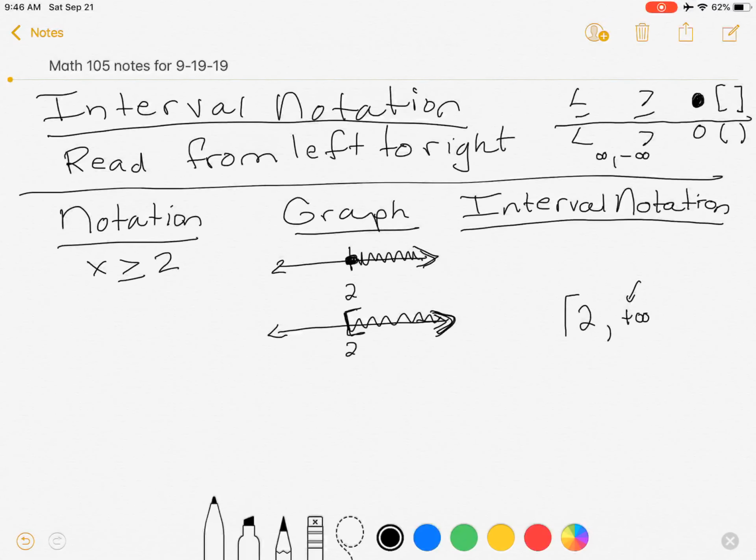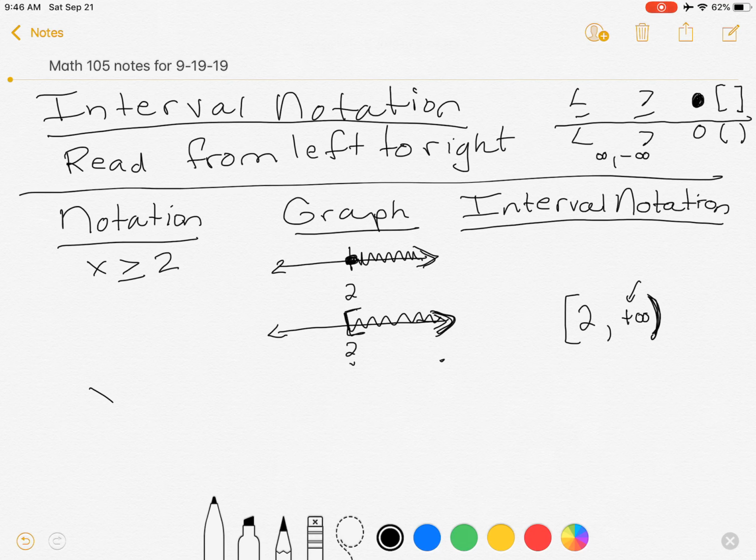So it starts with 2 with a bracket. And since it's to infinity and beyond, you can never equal infinity. So infinity always gets a parenthesis. Okay? So that would be x greater than or equal to 2. It starts at 2 and it goes to infinity.